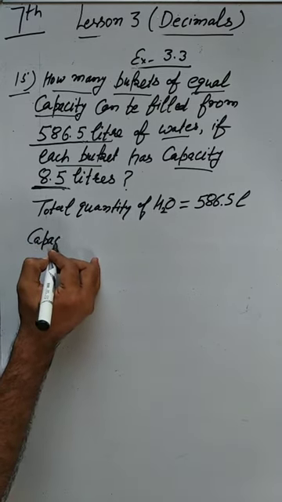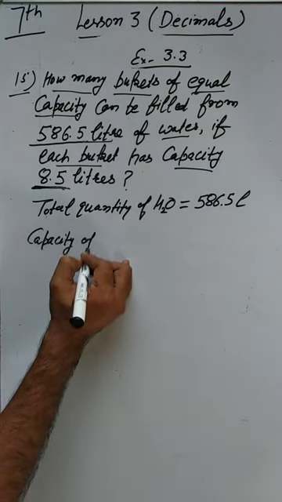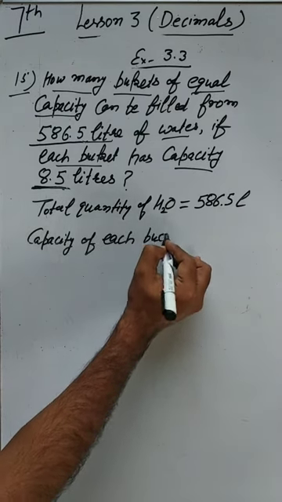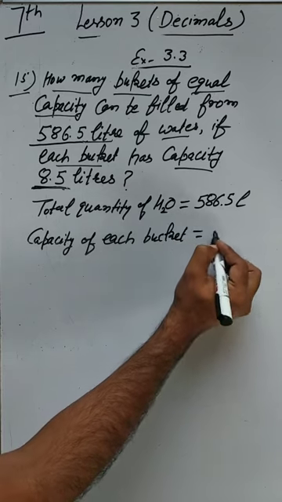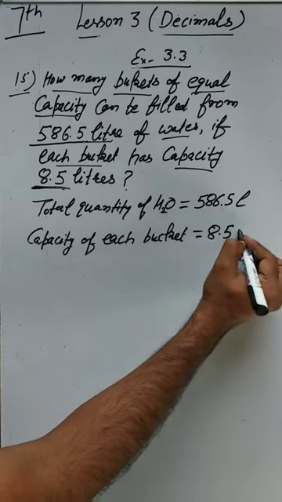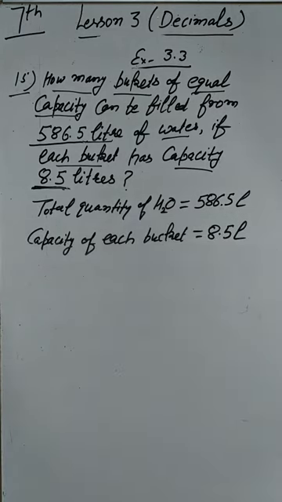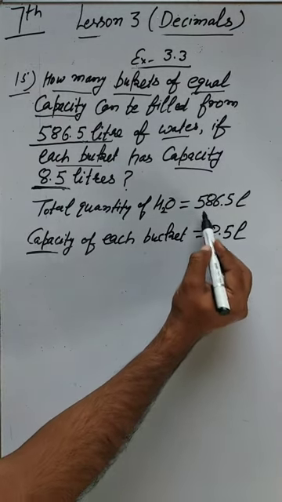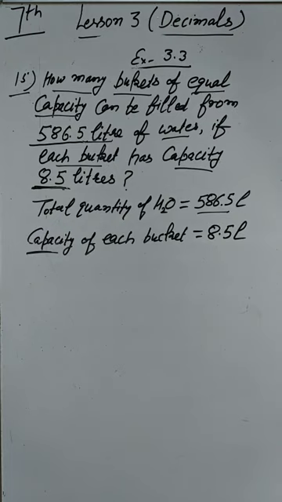Now the capacity of each bucket is 8.5 liters. How many buckets can we fill from the 586.5 liters of water?